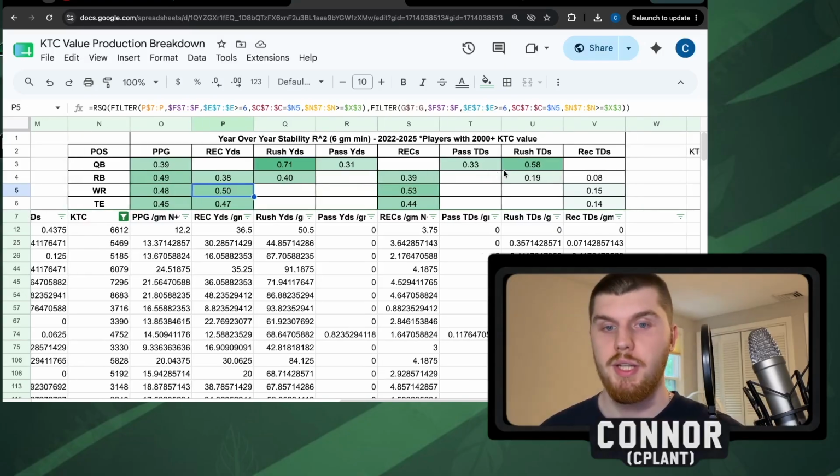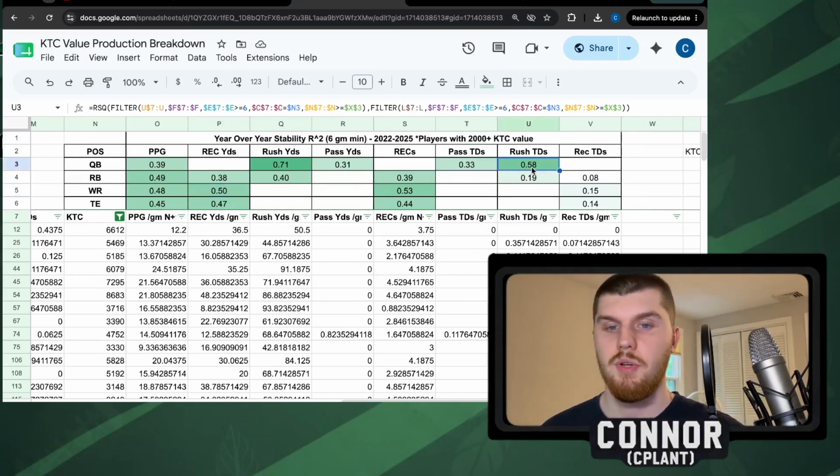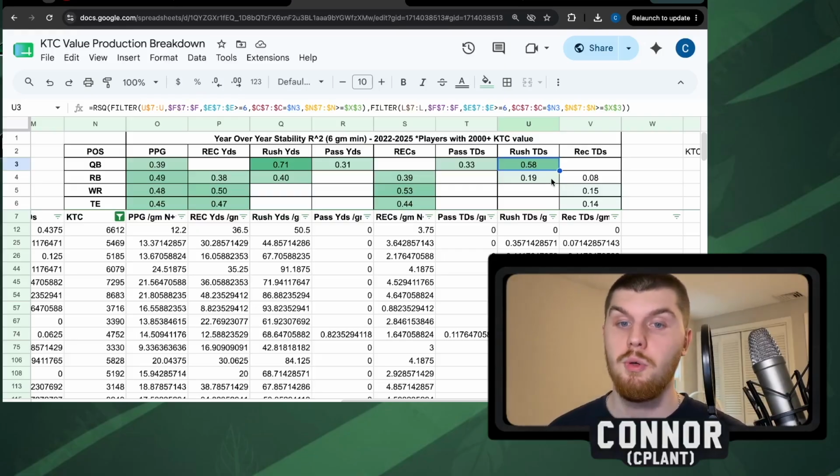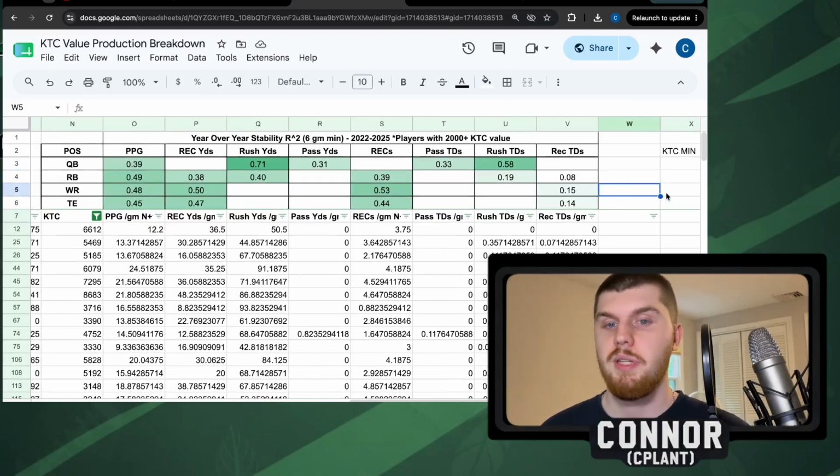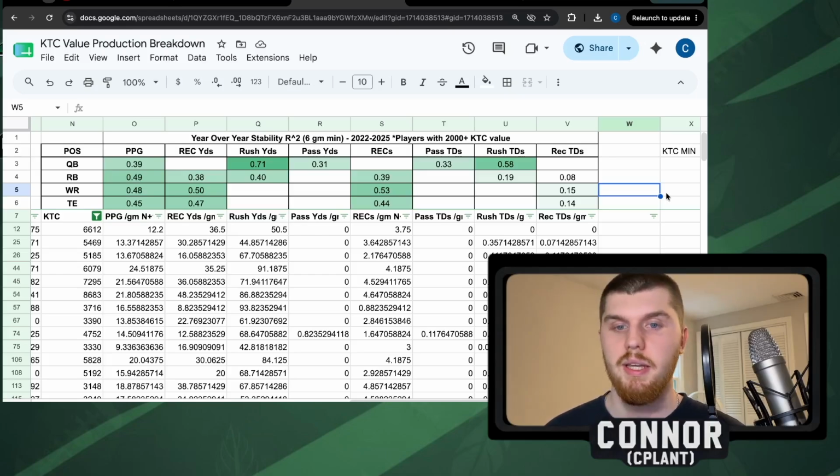Now, if we look at touchdowns, passing touchdowns and rushing touchdowns for quarterbacks are some of the most stable touchdowns, but they're still not particularly stable for passing touchdowns. But if you look at receiving touchdowns and rushing touchdowns at running back, receiver, and tight end, they're not stable. They don't correlate from one year to the next. Players' touchdowns can fluctuate, right?